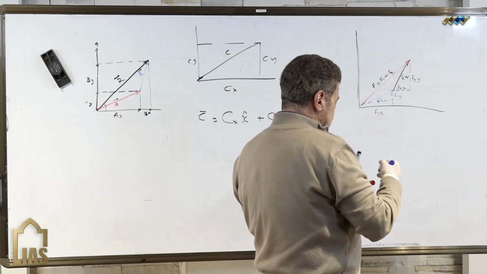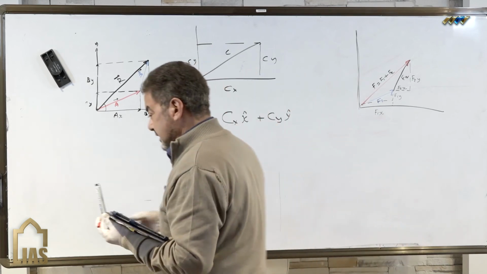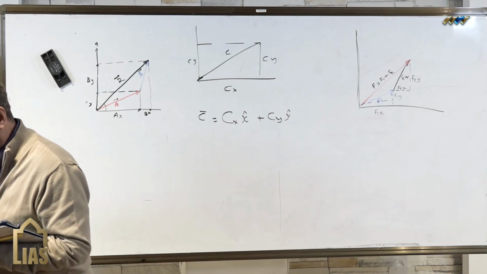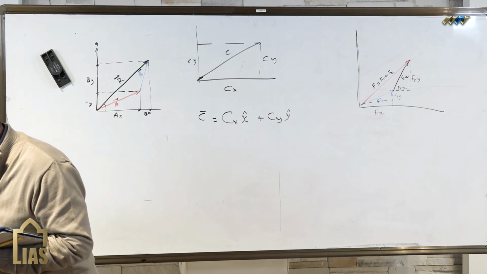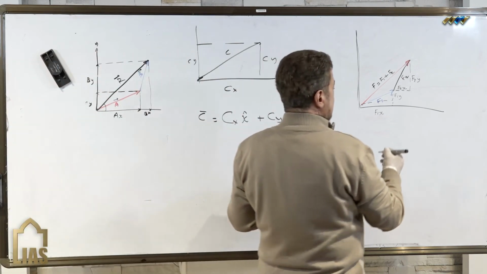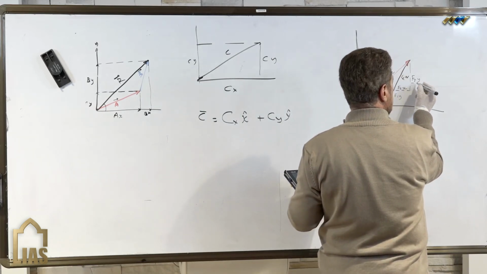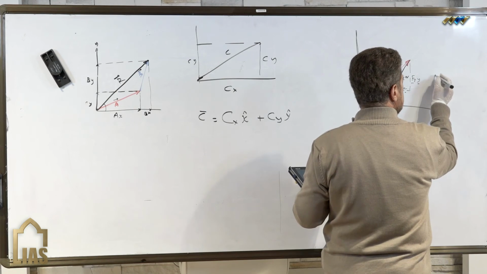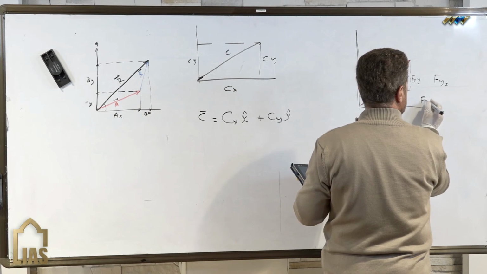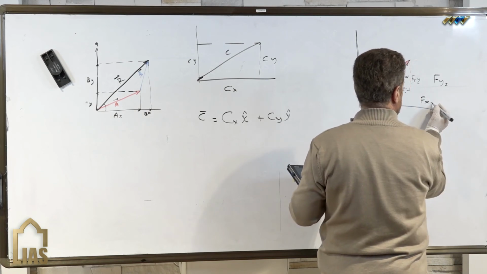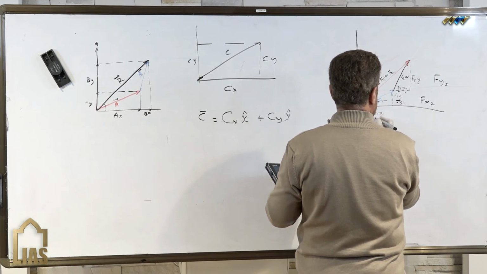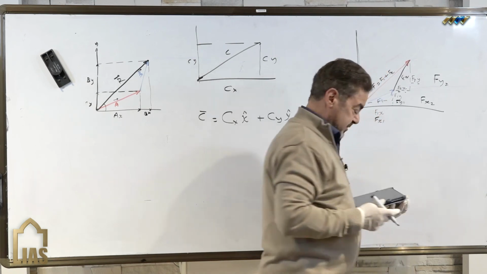I presented it like that, but he preferred to say F2 in y and F2 in x. He said Fy2 or Fx2. It's confusing also. And the same here, Fy1 and Fx1. Either or.